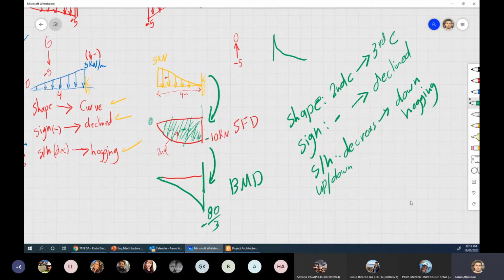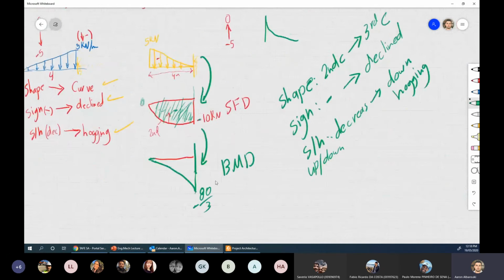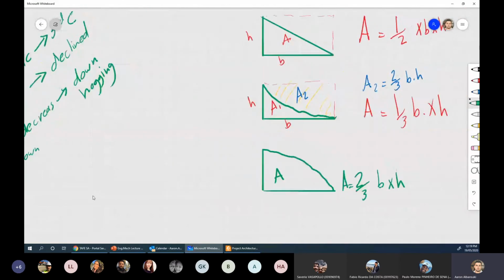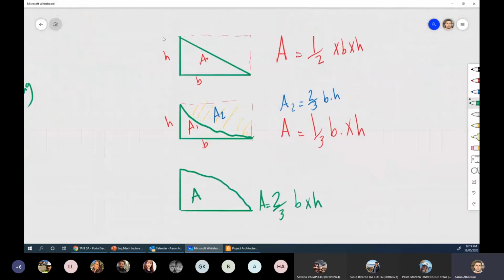Are we clear on this? You will not get to a point where you need to calculate the area under a 3rd-degree curve. The maximum area we need to calculate here is under a 2nd-degree curve. So, are we clear on this concept here, guys?